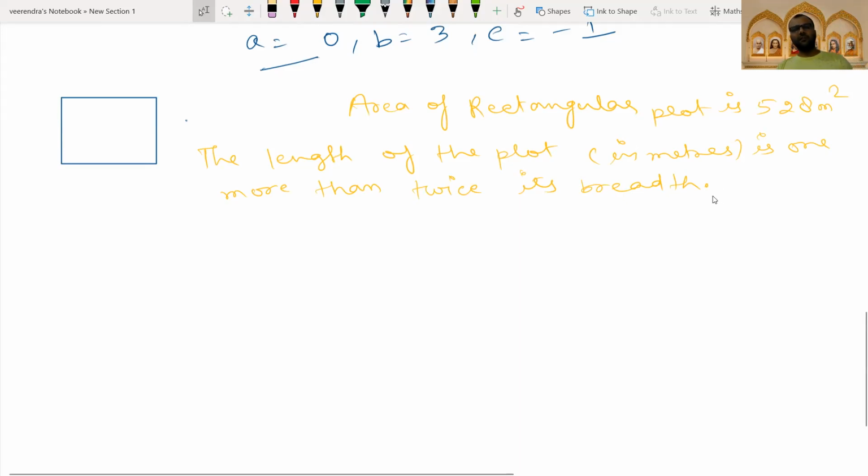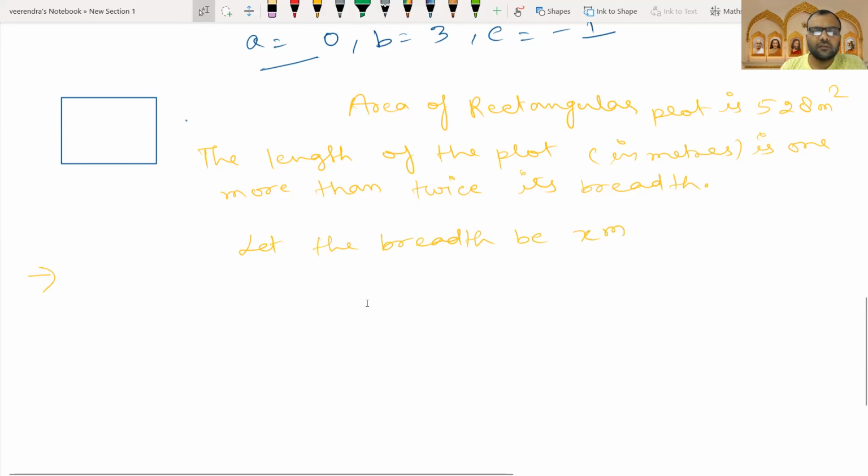So how will we represent this in quadratic form? Let's see. In the question we have been given the area of the rectangular plot. Let the breadth be x meters.